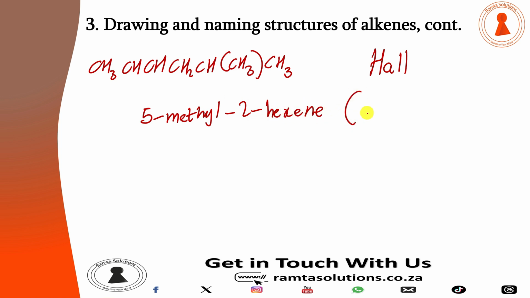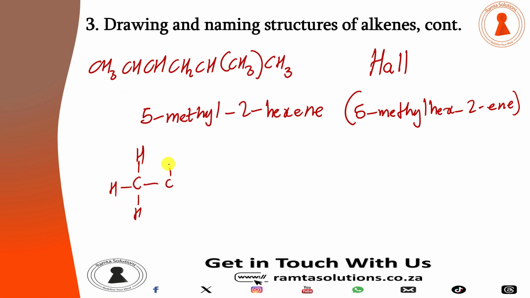But remember the preferable name is 5-methylhex-2-ene. Let's draw the structural formula of this guy. CH3, the first one, right? The second one has 1 H. It must be a double bond. The one after has 2 H's.